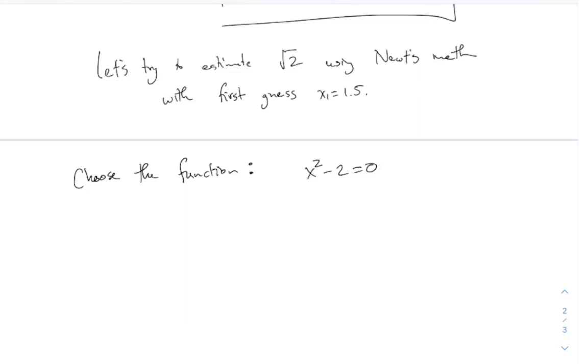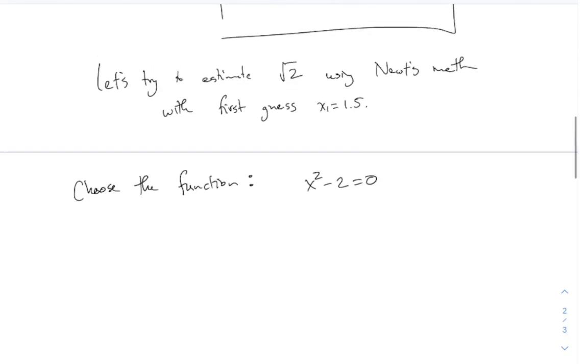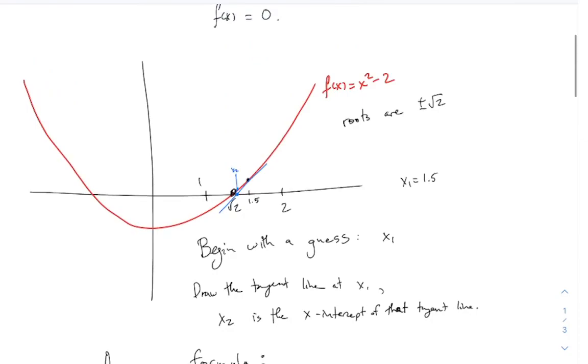You may be wondering, this thing has 2 roots, but Newton's method will just give you closer and closer values to one of the roots. Which root will it be? Well, it depends on which guess you choose. If you start with guess 1.5, eventually these lines will converge around the square root of 2. Whereas if you started with some guess over here, negative 2 or something, eventually those lines would accumulate to the negative square root of 2.